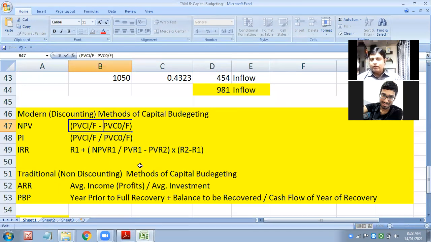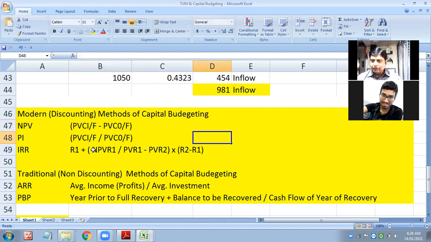So, traditional method will not take the time value of money into consideration. They will not multiply by present value or future value interest factor. But in modern method, yes, they do that, and then only they take the capital decision into consideration, whether they will go about it or not.